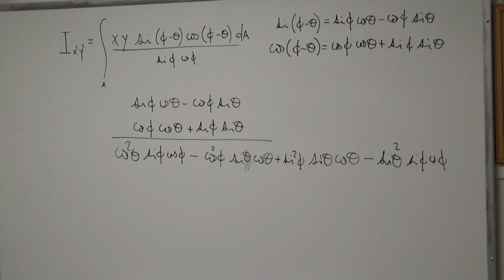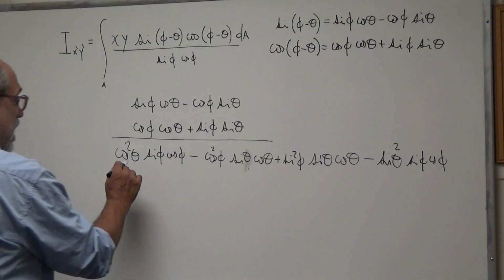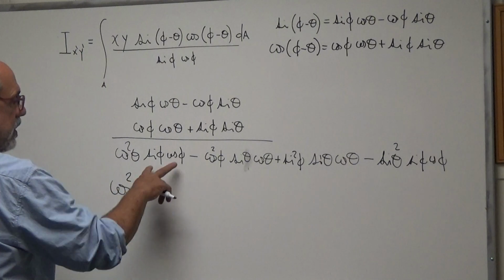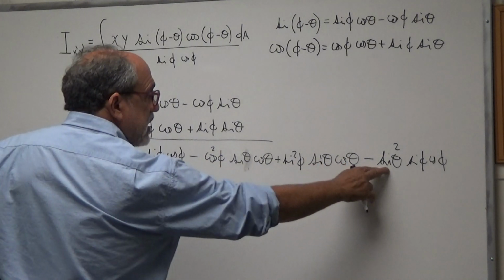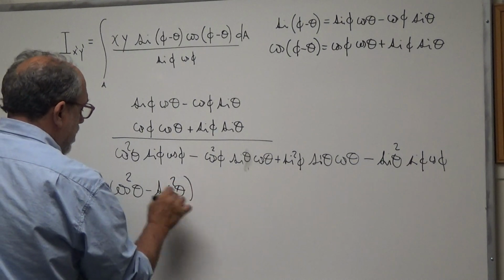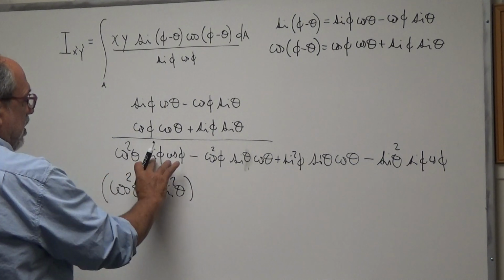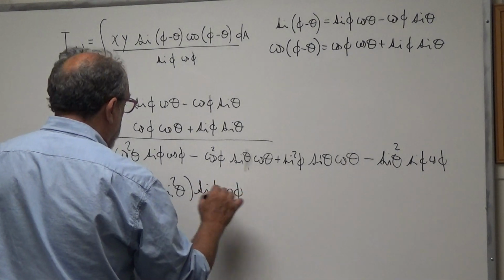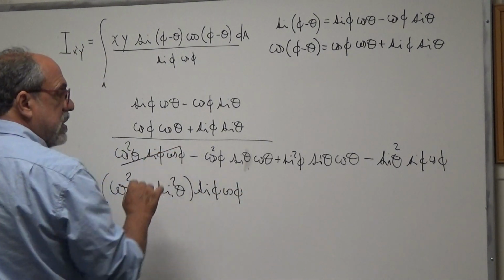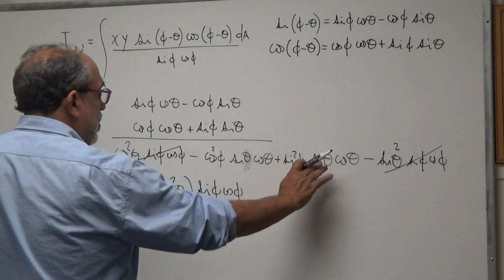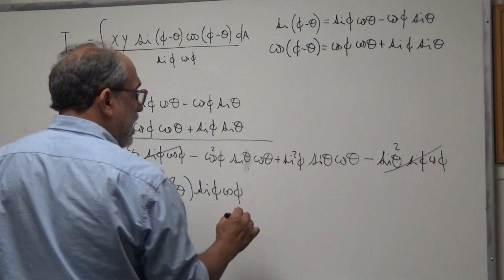So now we take this and we say cosine squared of theta minus sine squared of theta, in parentheses, is the common factor of sine of phi times the cosine of phi. That took care of this and that. And now we have these two here, and we see sine theta cosine theta.